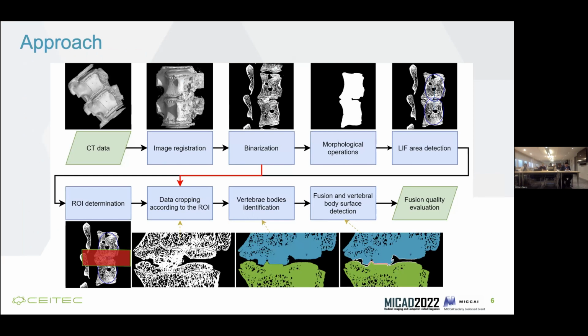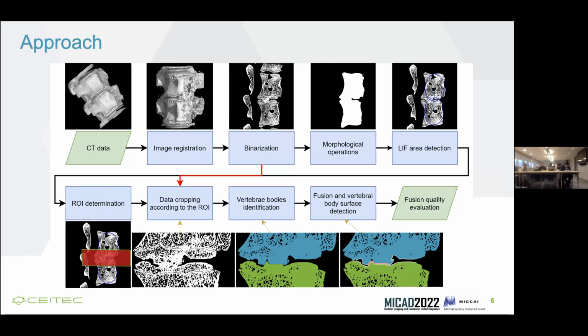Firstly, the CT data are registered according to the top cranialis, bottom caudalis orientation of the fused vertebrae. Then the sample is binarized using the Otsu thresholding method, and some morphological operations are applied in order to fill the holes in the vertebra, which are made by pedicle screws and plates that support the vertebra during the fusion process.